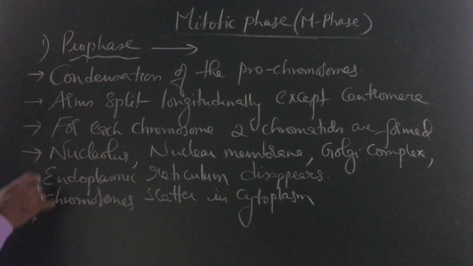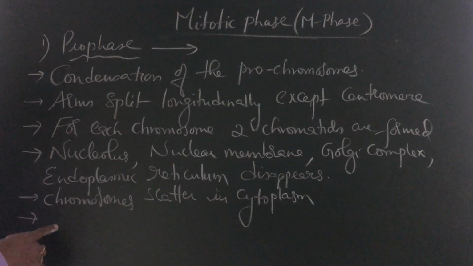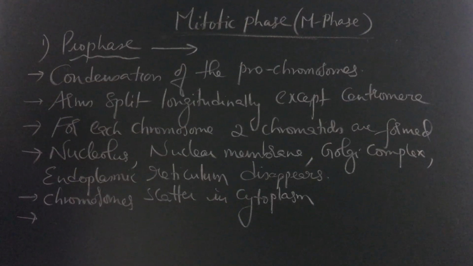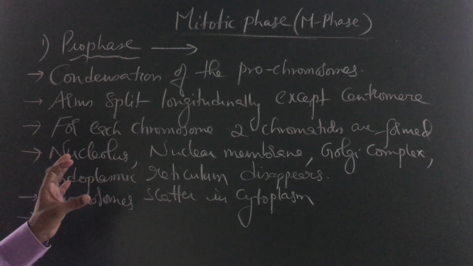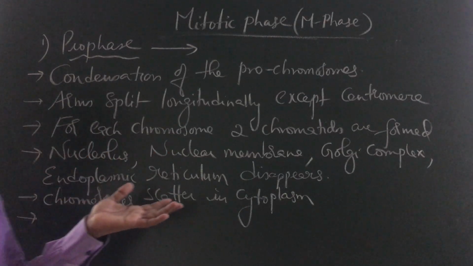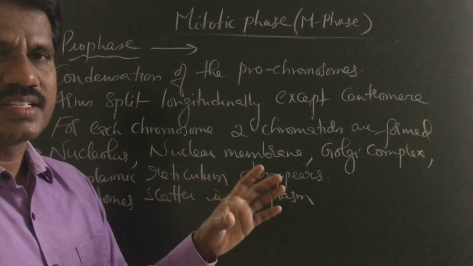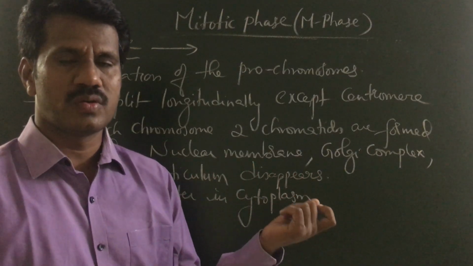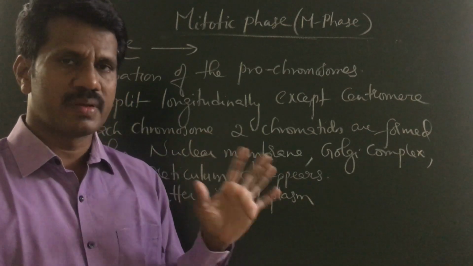These were all nuclear changes. Next, the cytoplasmic changes. The chromosomes which come into the cytoplasm, to divide, first have to form spindle fibers. Who is responsible in animal cells? Centrioles. In plant cells centrioles are absent, so the cell wall itself forms the spindle fibers. Remember that point.